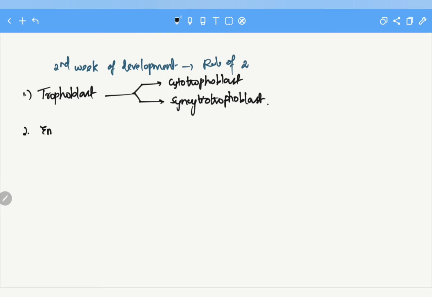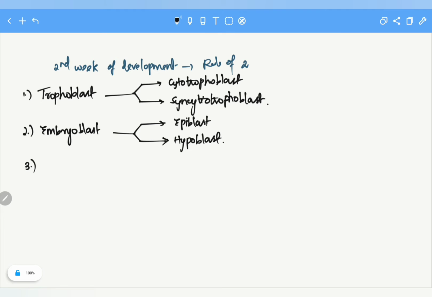Then the embryoblast, the inner cellular mass, develops into 2 germ cell layers, which are called epiblast and hypoblast. And third, 2 cavities develop during the second week of embryonic development.